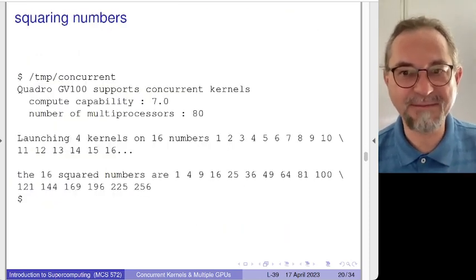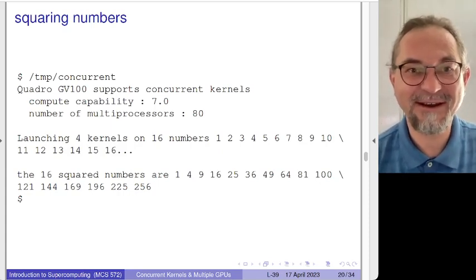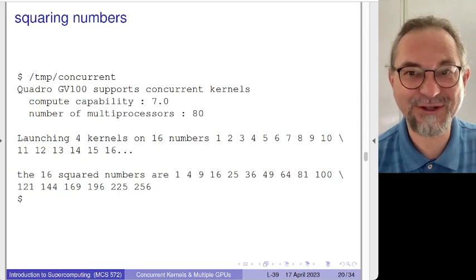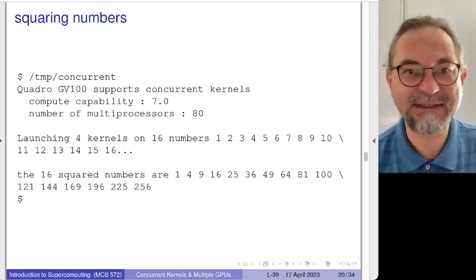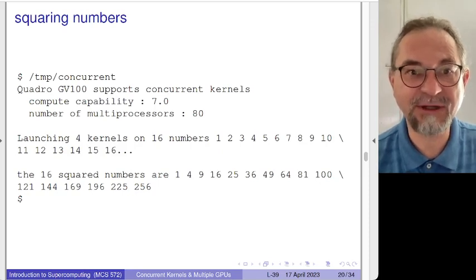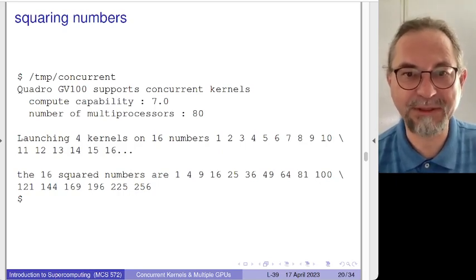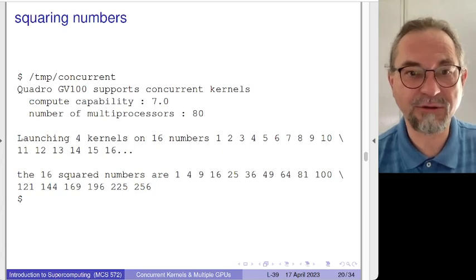I will not time my computations here, and I will again take the squaring of the numbers, our running example. Again, one needs to check whether your GPU supports not only the mapping of the pinned memory, but also the concurrent kernels.